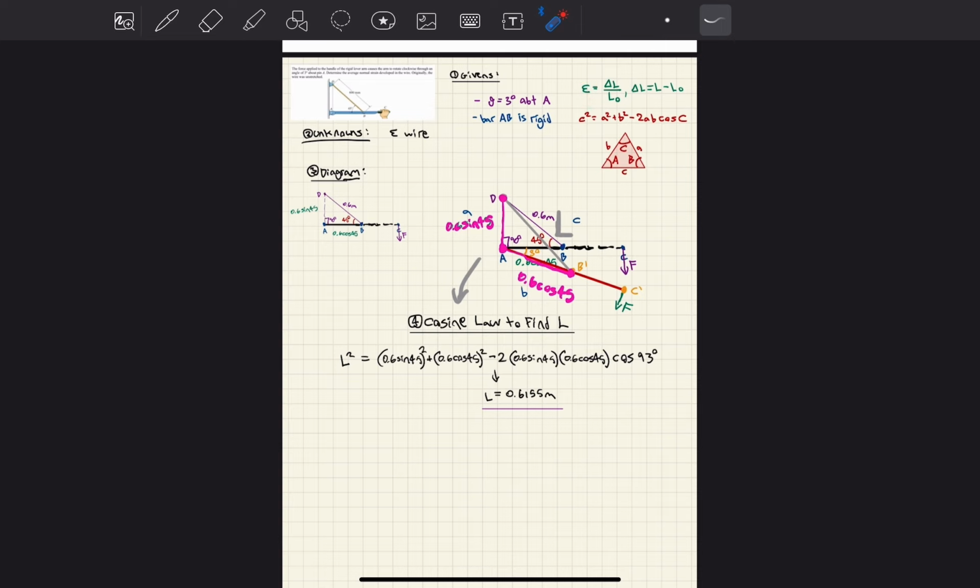We want to find delta L. Did we find delta L? Not yet. Delta L is equal to L, which we just found, minus the original length. Do we have the original length? Yes, we do. It's 600 millimeters, and we will do that right now. And then we have our final answer.